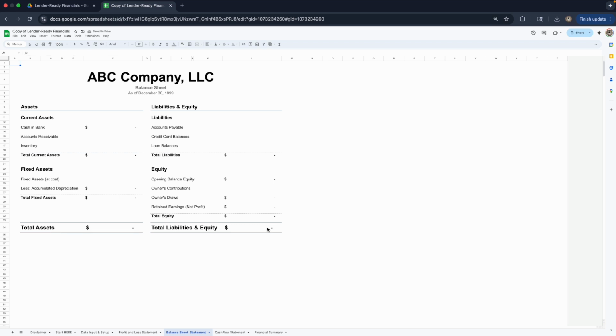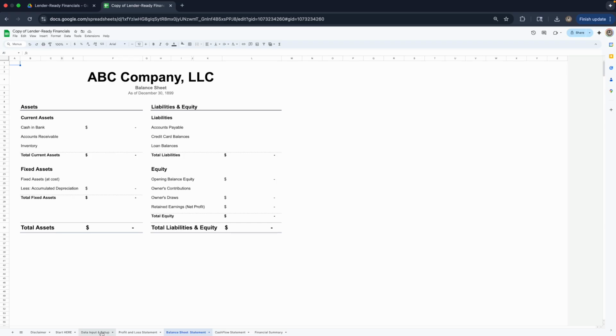If they don't equal, that means your balance sheet is not balanced. Getting this financial statement to balance is the trickiest thing in accounting if you don't have a very extensive accounting background. So this template builds all these financial statements for you. All you need to do is input your data.